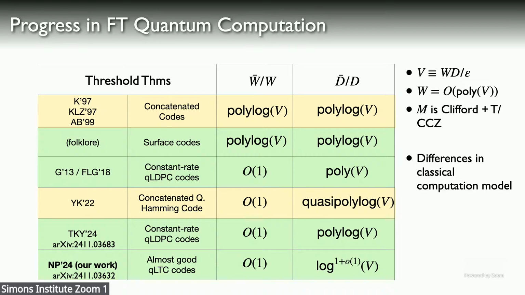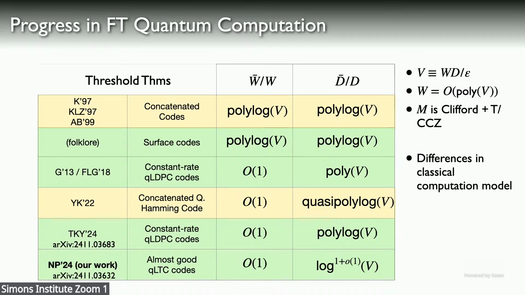And then over the last 25 years, we've started to see new threshold theorems using different techniques, in particular quantum low density parity check codes, which I'll define in a moment. These were first used to achieve a constant space overhead.